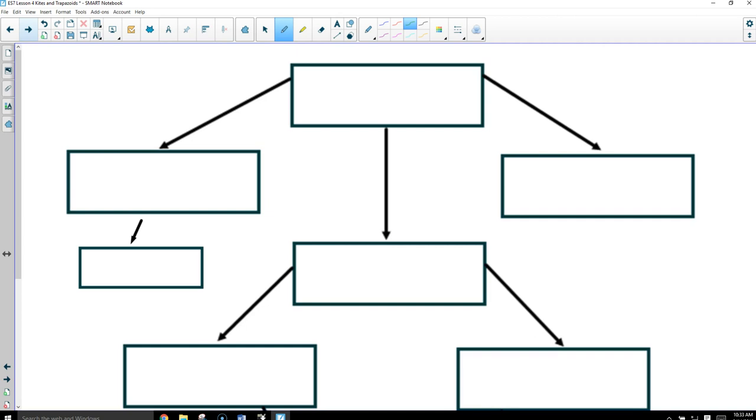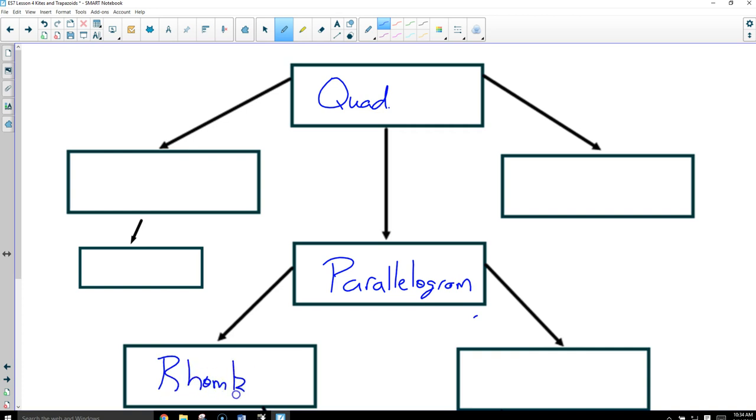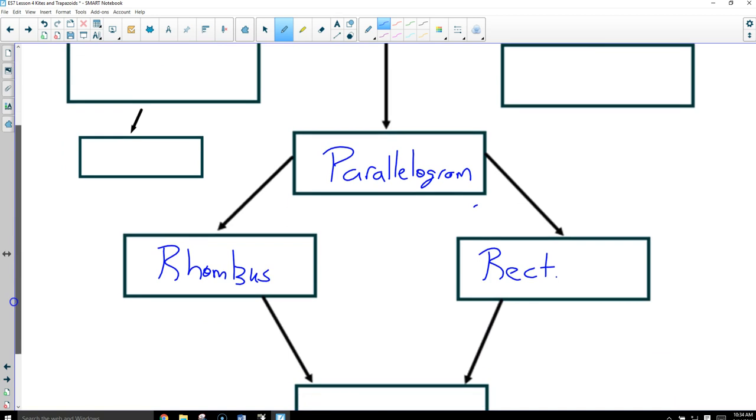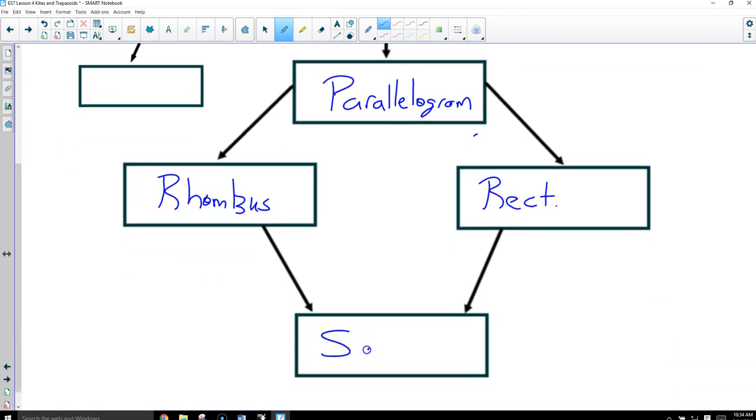Please grab this hierarchy from last time. Last time we filled in quadrilaterals. We put parallelograms here. We put rhombus, rectangle, and down below here we put square.